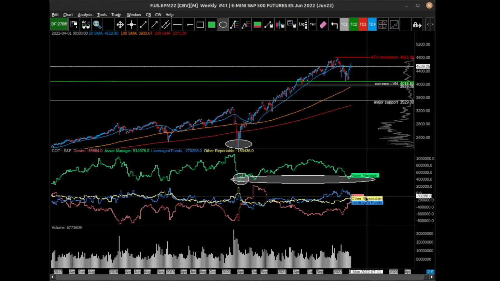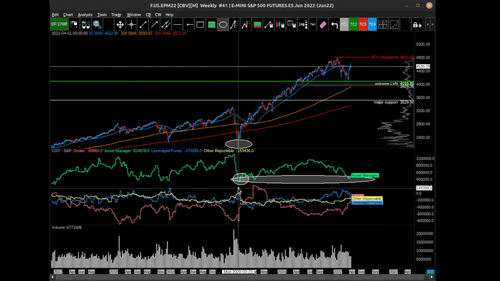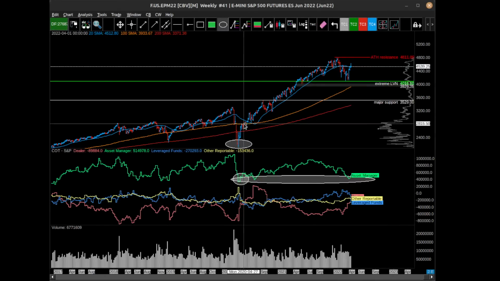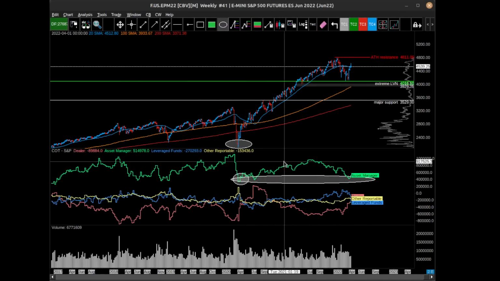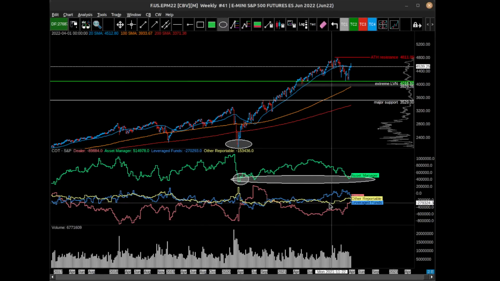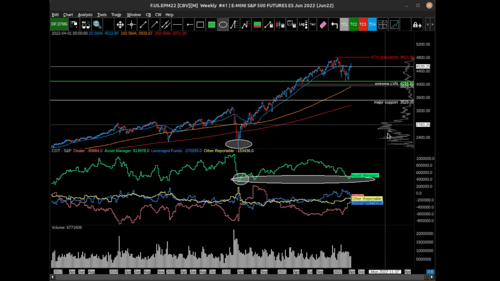Look at the other reportable: see how they got long here, and then as it rallied, they took off into this area. So I would say these guys are much more nimble. These others are less nimble, really moving markets on much higher time frames. So this is interesting. We're back up after a humongous rally.